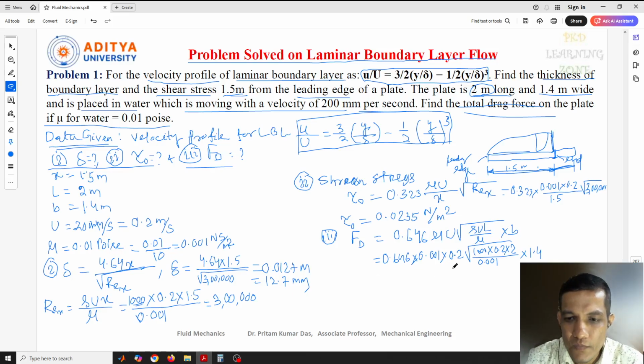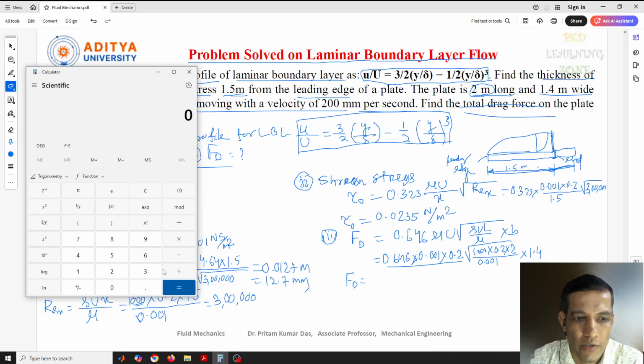Now we need to solve this. I'll write FD equal to, first I'll multiply all these values, then I'll take the square root. So 0.646 into 0.001 into 0.2 into 1.4.